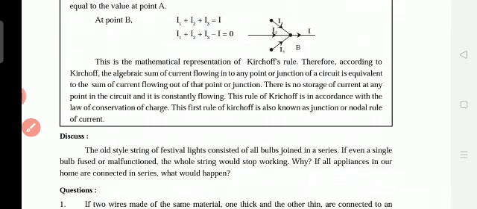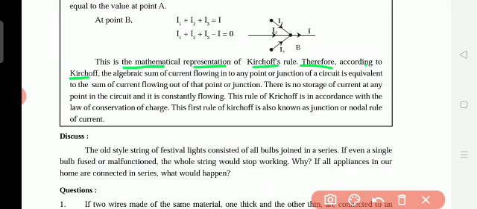So what is Kirchhoff's rule? This is the mathematical representation of Kirchhoff's rule. Therefore, according to Kirchhoff, the algebraic sum of current, sum means total, flowing to any point or junction, junction means meeting point, so this is the junction, is equivalent to the sum of the current flowing out of that point or junction.